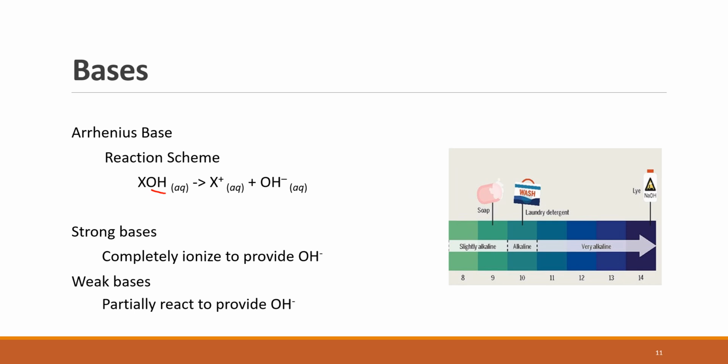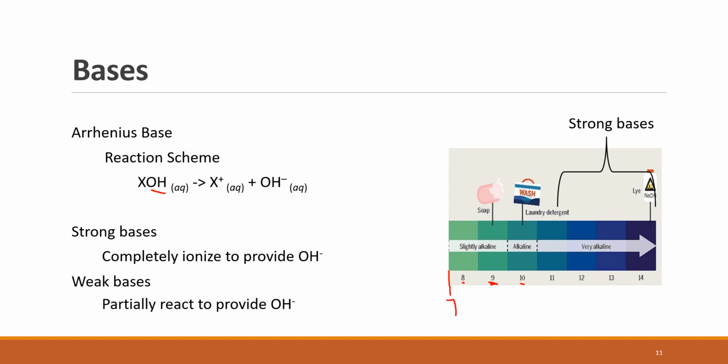So looking at the pH scale, this is the other half of it. We're looking at all of the pH values above neutral, so above the 7. When we get to a pH of 8, we're slightly basic. Soap is going to be a slightly basic compound. Then we get into laundry detergent around a pH of 10.